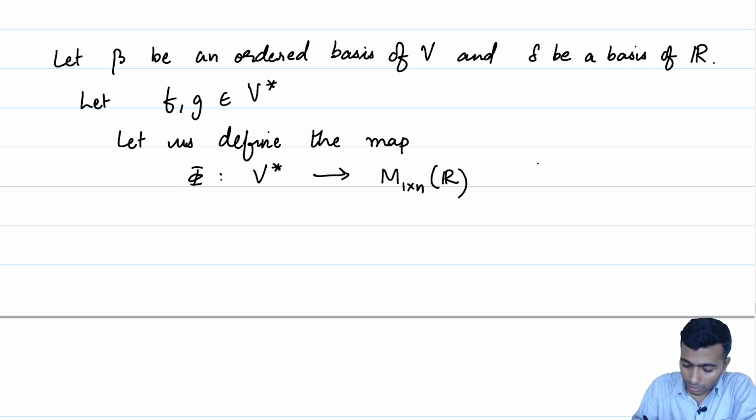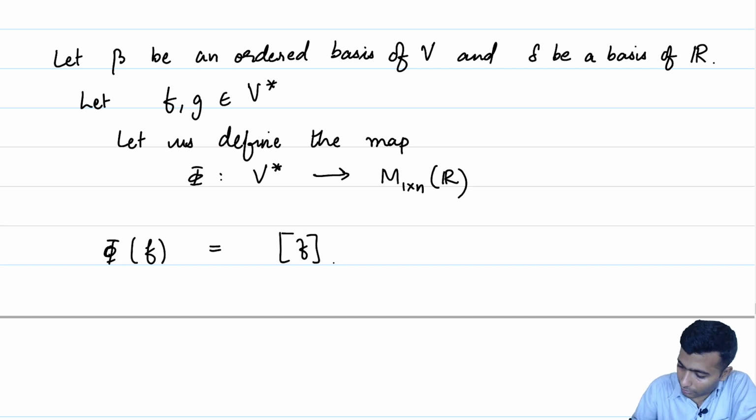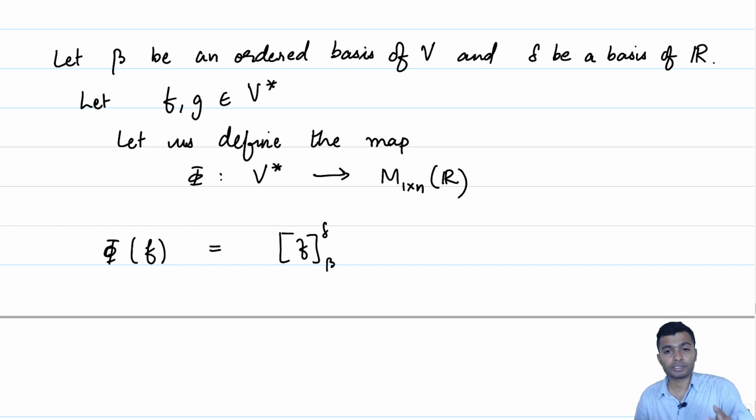And what was this map? We defined phi of f to be the matrix of f with respect to beta, delta, which is a 1 cross n matrix. And we checked that if we consider L subscript f corresponding to f, we get back f.